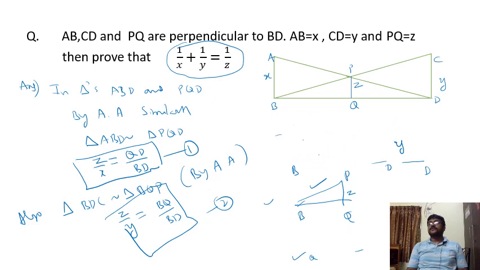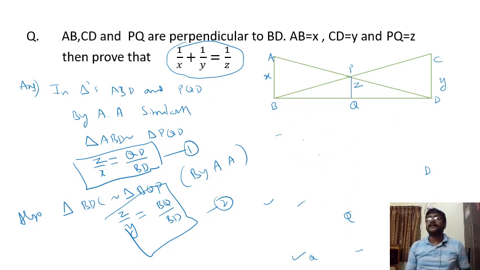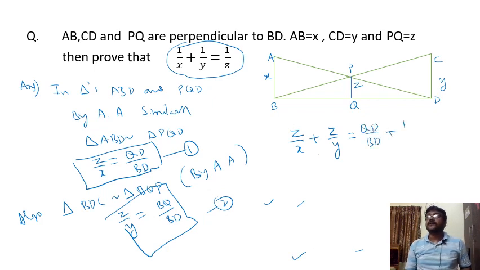What are those? z by x is equal to QD by BD, and z by y is equal to BQ by BD. Add both. z by x plus z by y is equal to QD by BD plus BQ by BD.